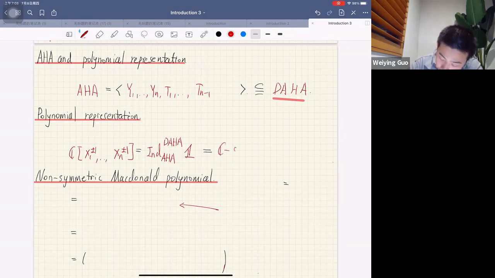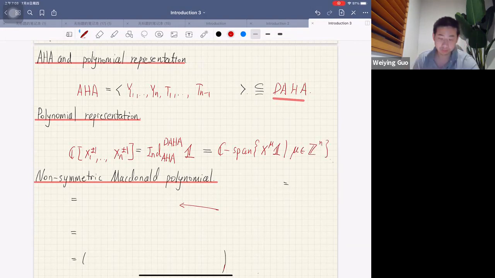We can write it as the C-span of x^mu acting on the identity, where mu belongs to Z^n. So mu is basically something that looks like this.